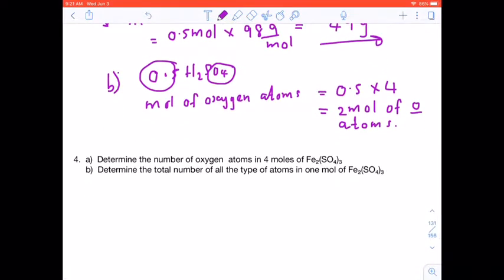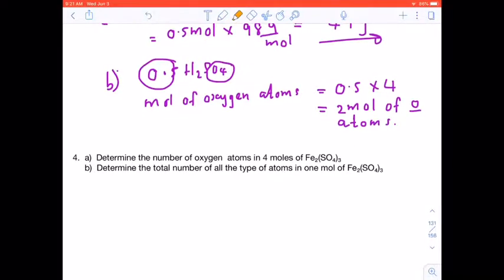Okay, let's go on to the next one. Determine the number of oxygen atoms in 4 moles of ferrous sulfate. Sorry, that's not ferrous, that is ferric sulfate, right? It's iron 3 sulfate.